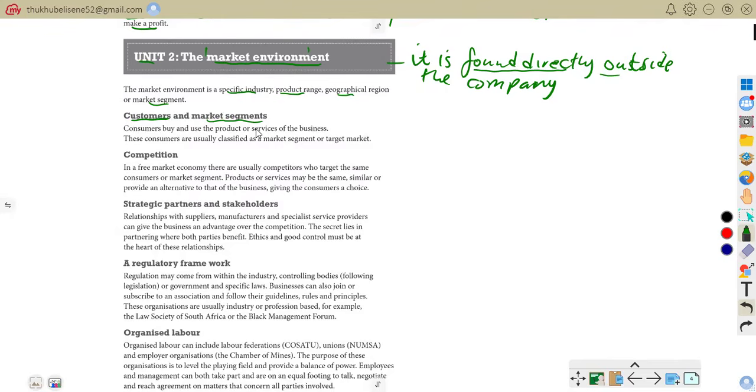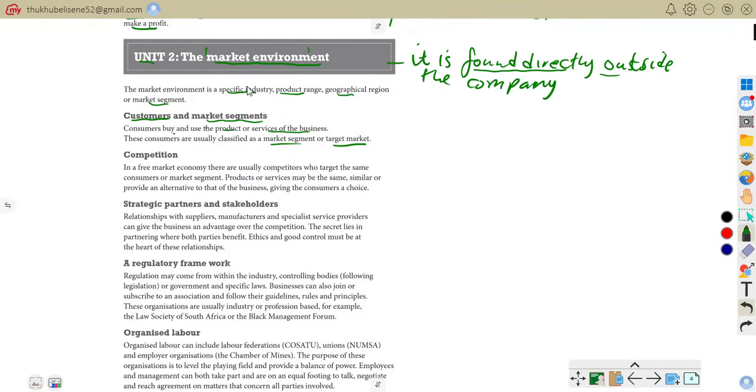Consumers buy and use the products or services of the business. These consumers are usually classified as a market segment or target market. They are directly external because they are the ones who are going to buy from the business.